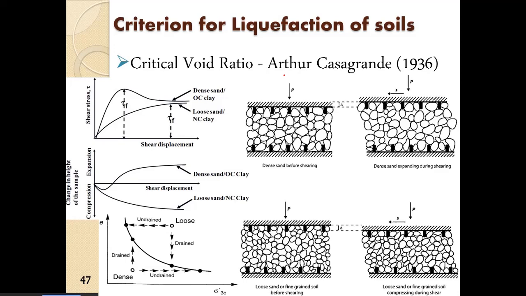The first criterion for liquefaction of soil was proposed by Arthur Casagrande. All right. So in 1936, Arthur Casagrande proposed the criterion for liquefaction of soil based on the critical void ratio. We have already learned what the critical void ratio is. So when we shear the sample, if it is normally consolidated soil, we go on shearing.